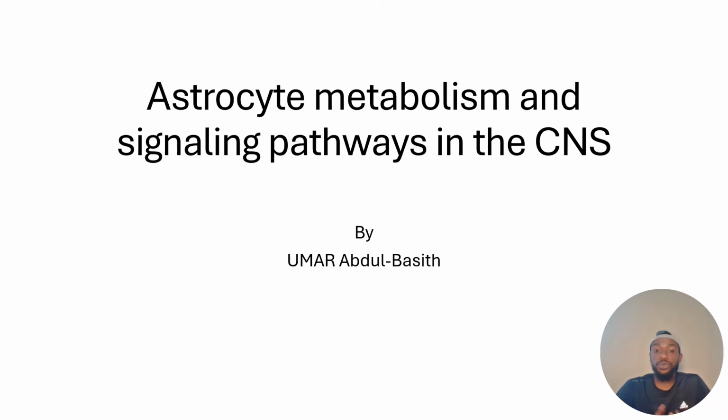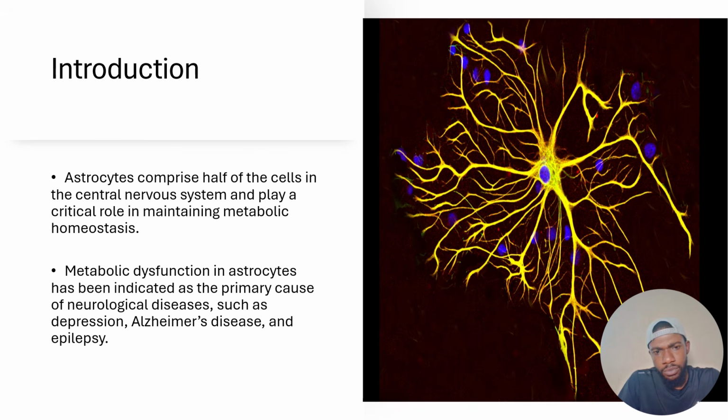We are going to talk about the astrocyte metabolism and signaling pathways in the CNS. So, astrocytes comprise half of the cells in the central nervous system and also play a critical role in maintaining metabolic homeostasis.